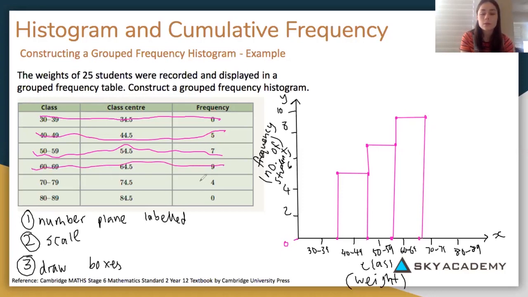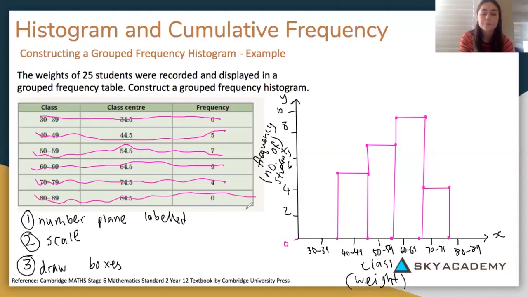So 4 is here, which would be about, say, there. And I need to go halfway across and draw my box on. And then I have my last one, 80 to 89, which also had a frequency of 0, so I don't have to draw it on.